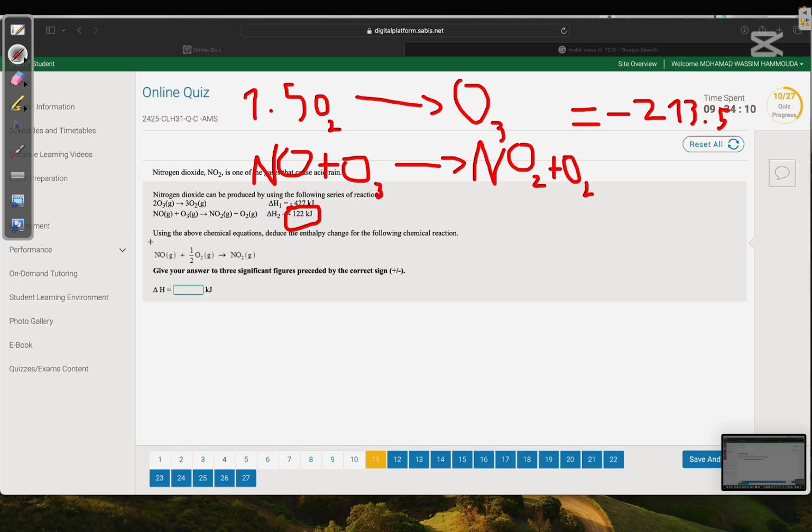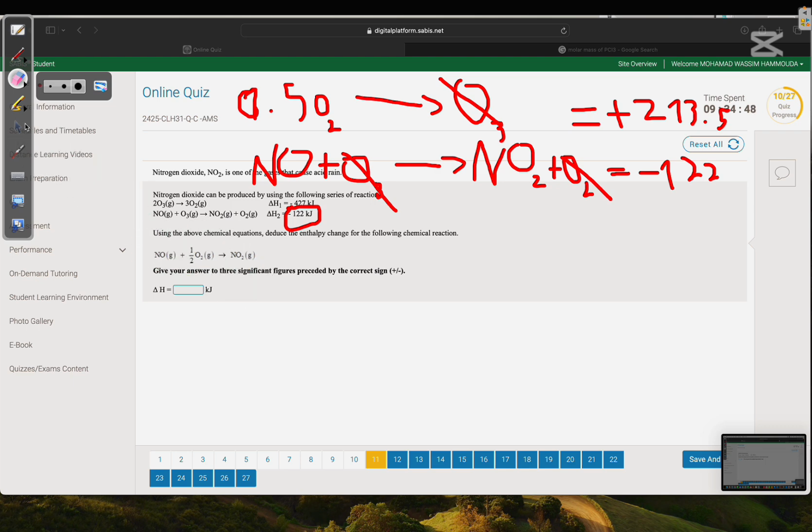They want us to get this equation, right? Okay, so O3 to O3 cancel out. This becomes 0.5 O2, while this cancels out. Forgot to say that this is negative 122, and this is positive 213 since we flipped the equation. And we have NO plus half O2 will give us NO2, if I'm not wrong.